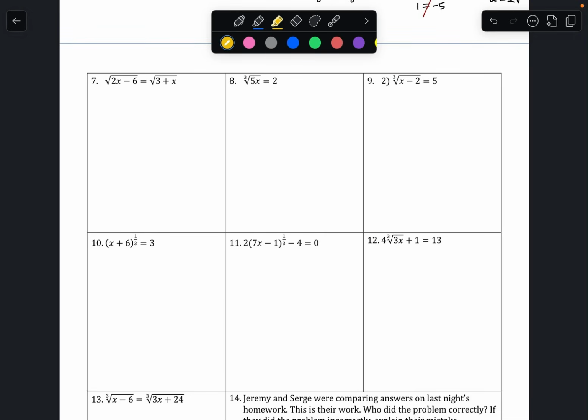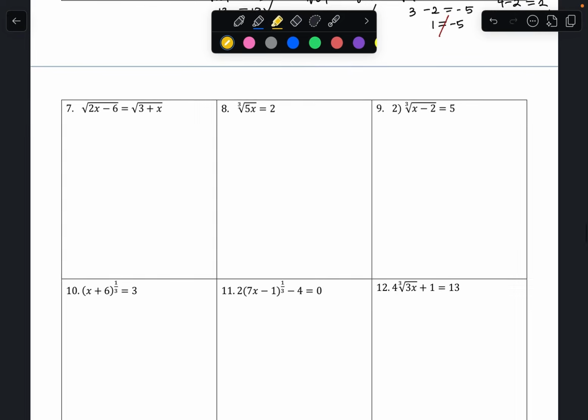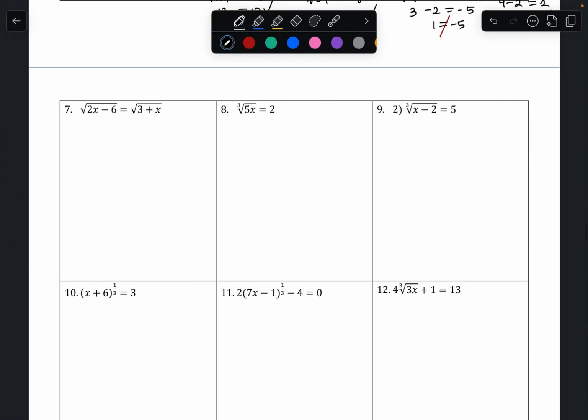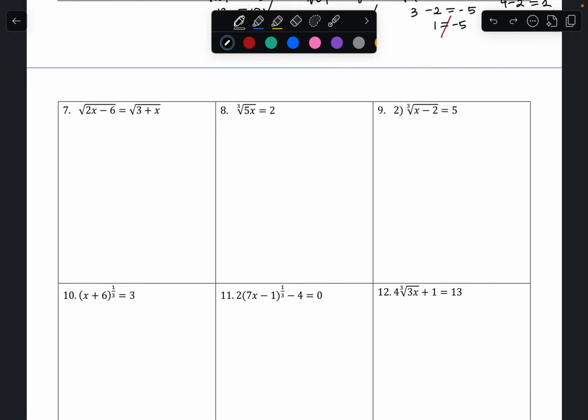All right, on number 7, we still have variables on both sides, but notice we also have square roots on both sides. That actually makes this very easy because when we square both sides, both square roots cancel, and we don't end up having to square a binomial. We just have a linear equation to solve.